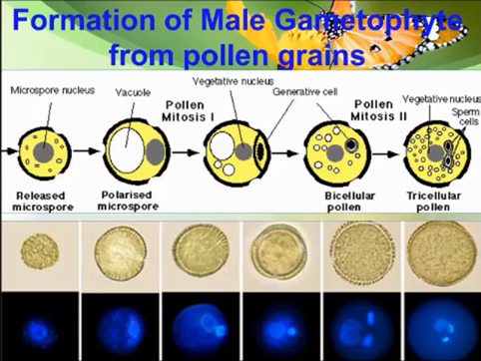The generative cell subsequently detaches from the pollen grain wall and is engulfed by the vegetative cell, forming a unique cell within a cell structure.